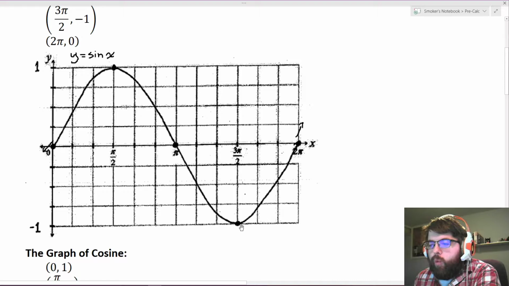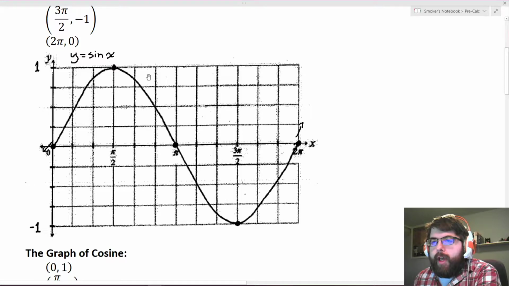It'll hit -1 one time at 3 pi over 2, and then it'll go back to 0. So when we have sine of x equal to 1, there's only one value. 1 and -1 will be the only two values where you will only hit those numbers at one value, one angle measure.